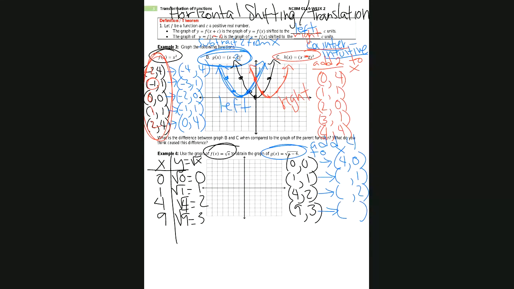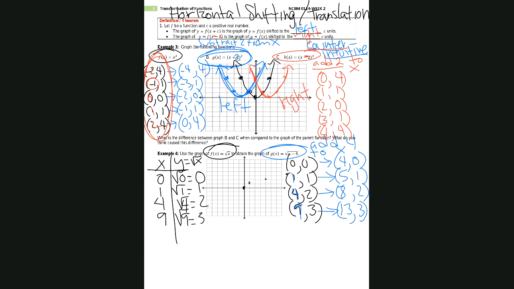Okay, now our x values. So 1 plus 4, 5. 4 plus 4, 8. 9 plus 4, 13. And in fact, I will not be able to graph that, but it's okay. So let me graph the parent function first. It will be something like this.